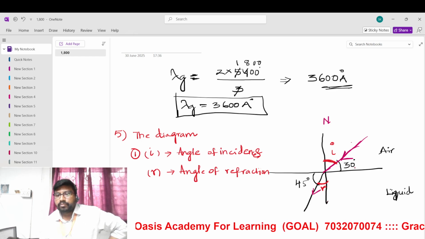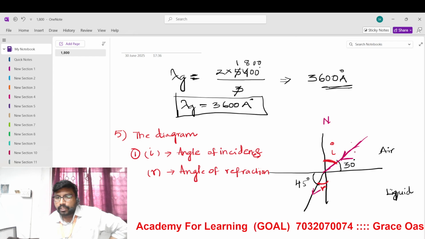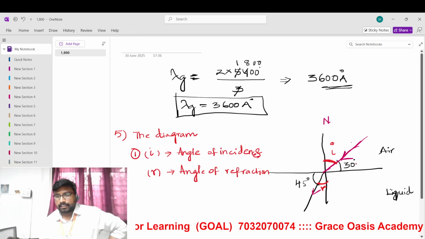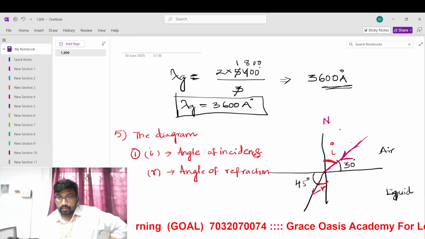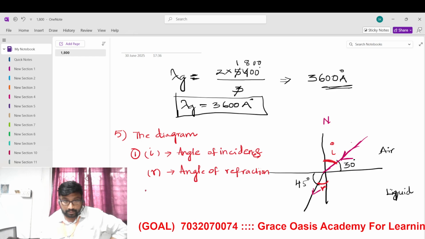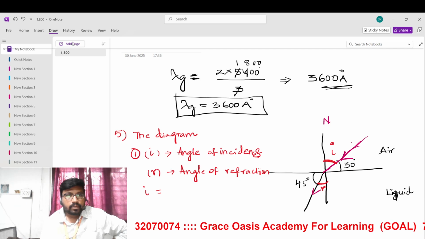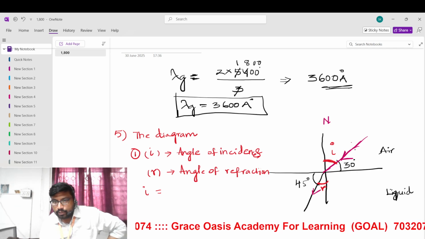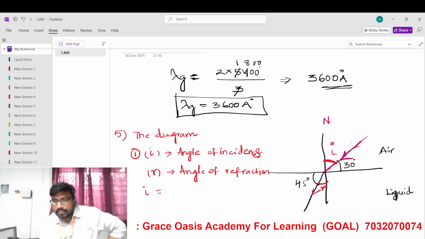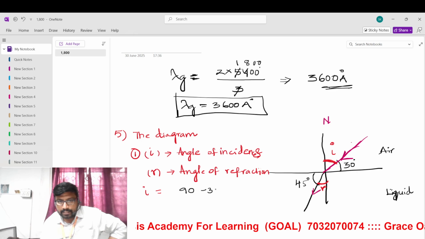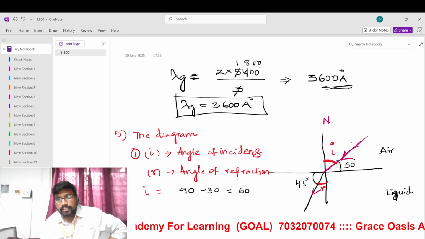So if from here to here it is 90, and this is 30, how can we find angle I now? Angle I equals 90 minus 30, this will become 60 degrees.